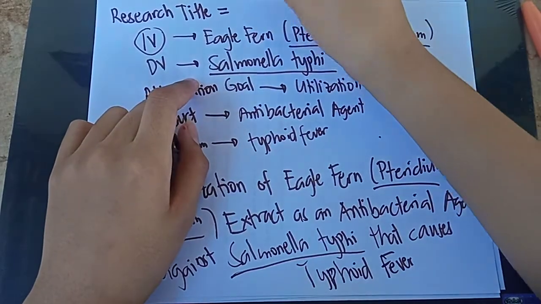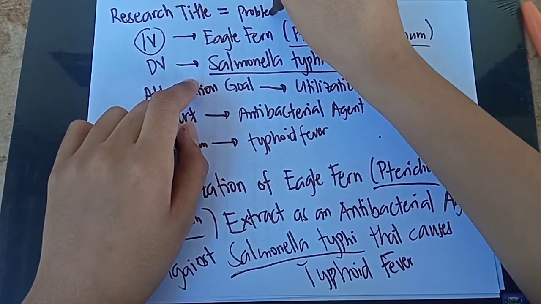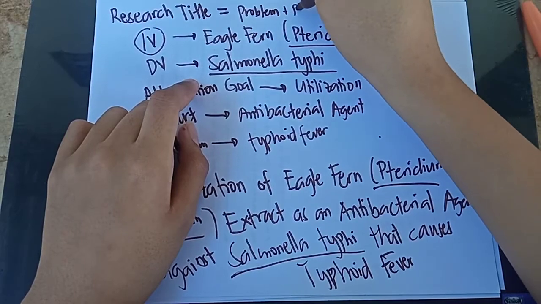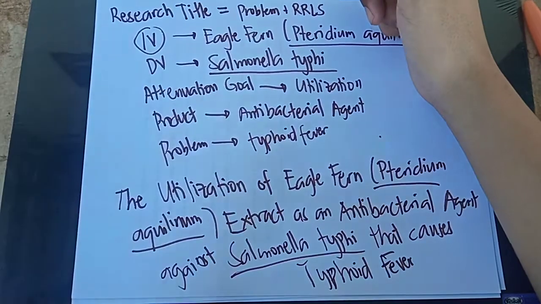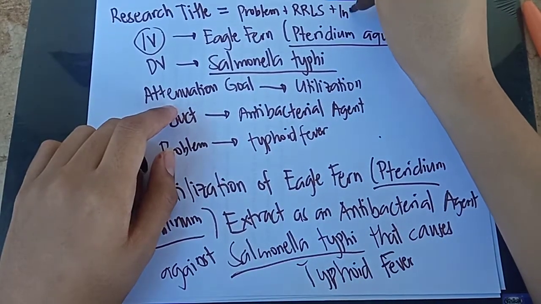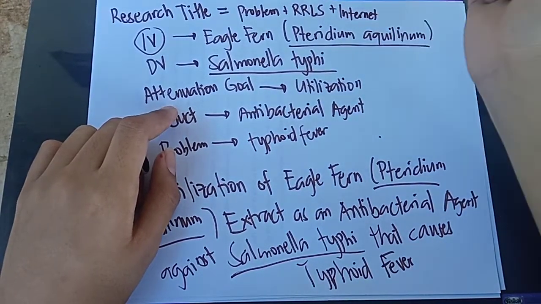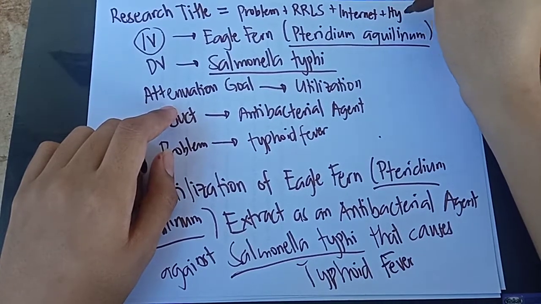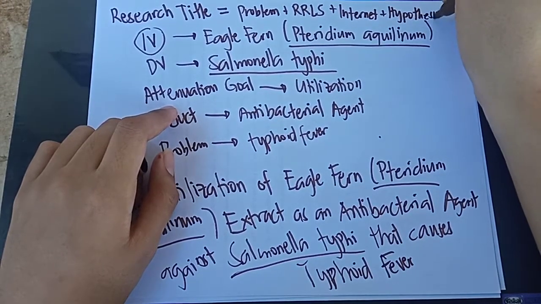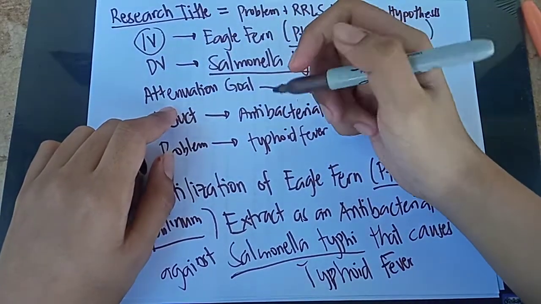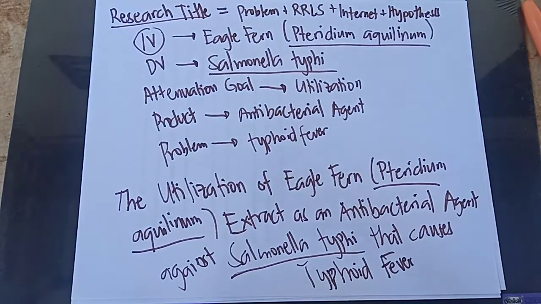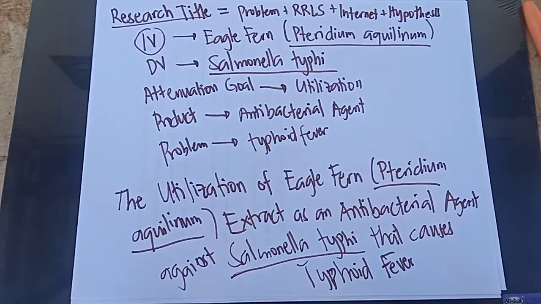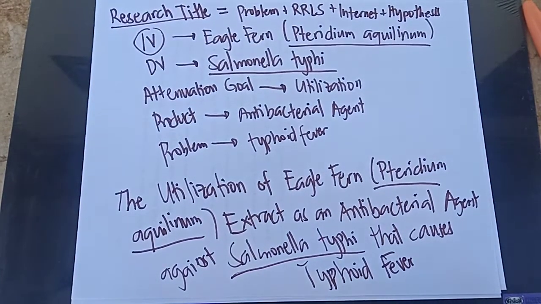The formula would be identifying the problem, plus RRL, or review of related literature and studies, plus the internet, plus the hypothesis. We can create a research title. So that is the main significance of identifying the problem, gathering basic information, and formulating hypothesis.